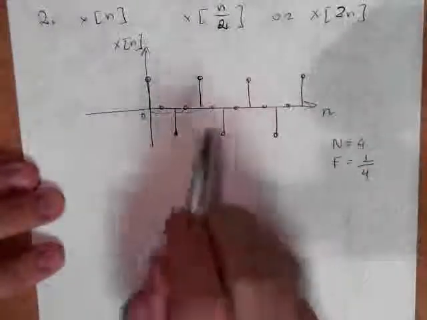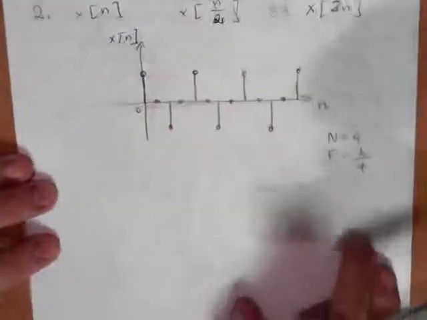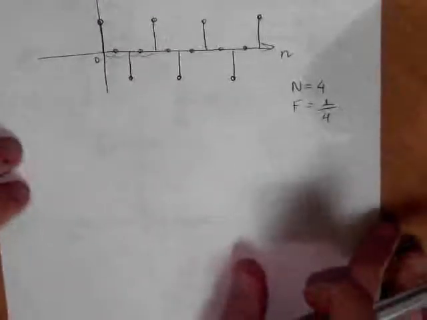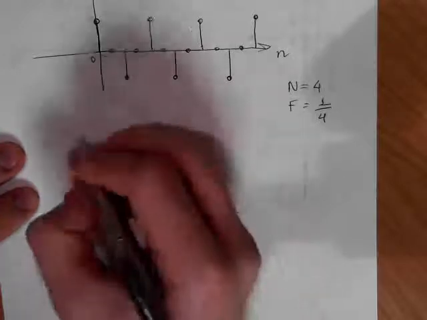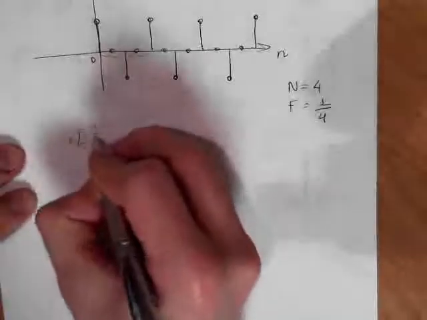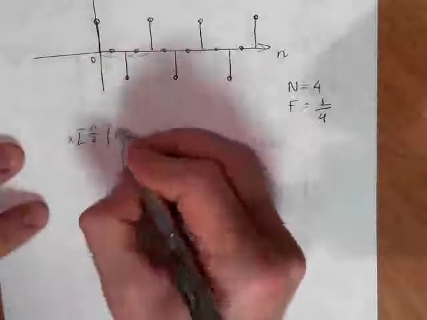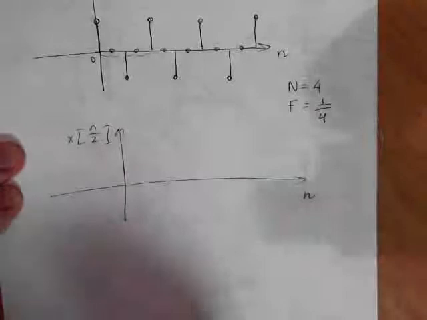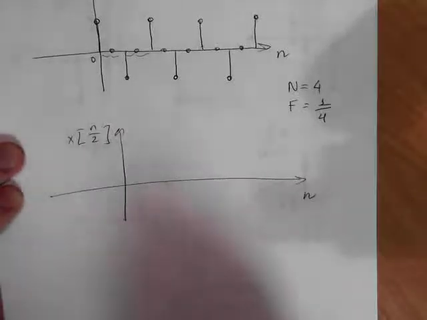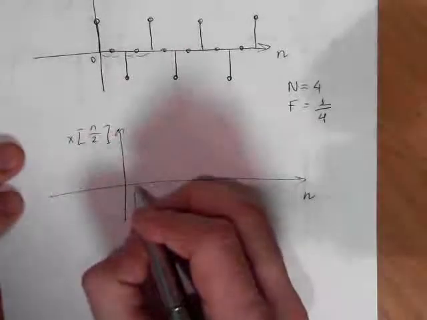So when we have x[n] divided by 2, what do we get? When n is divided by 2, we need to multiply by 2.